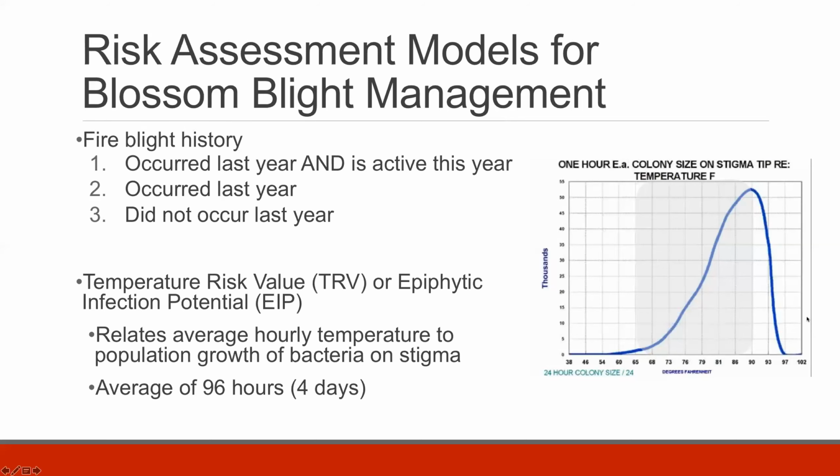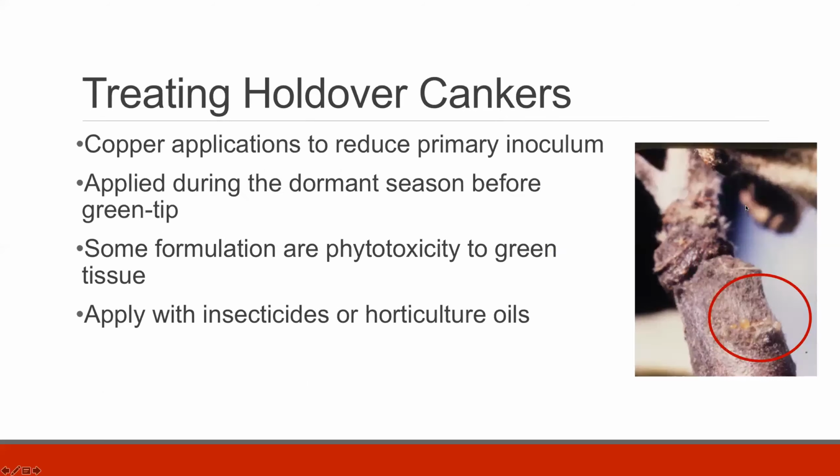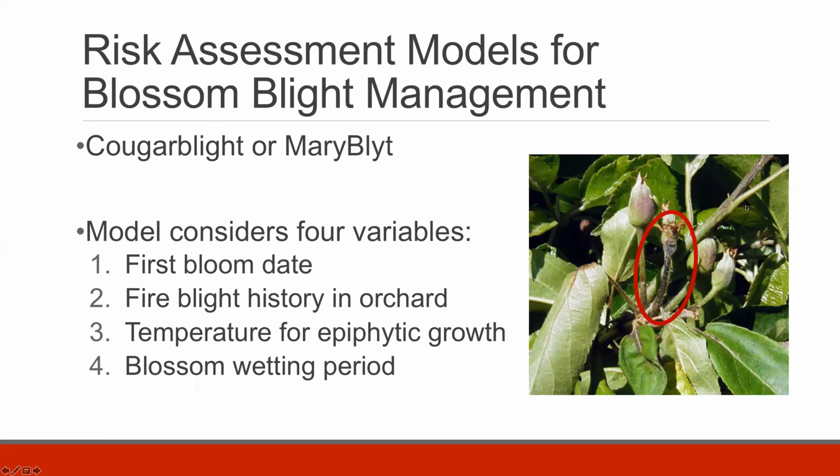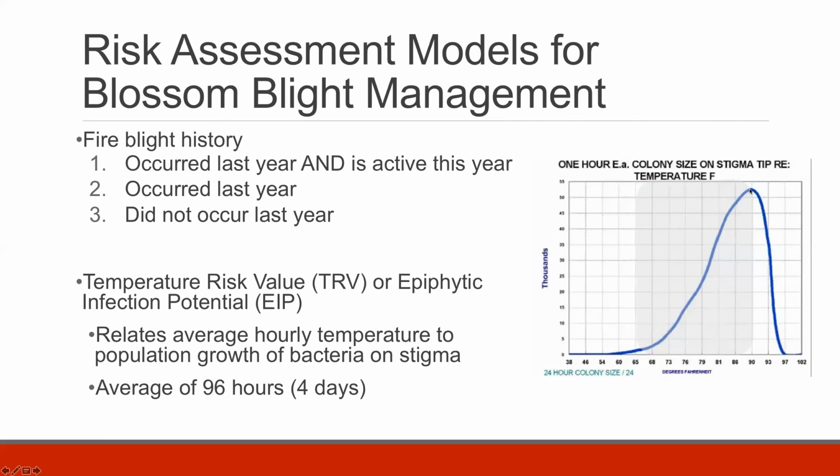If you look at the graph on the right, and you've seen this graph before, up at the peak here is where you have your epiphytic infection potential at the highest. And these values are calculated over a 4-day period, or 96 hours.